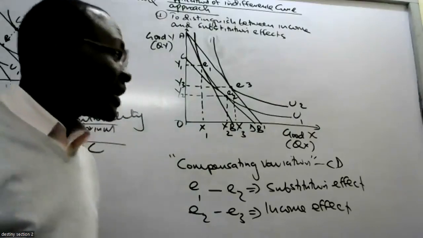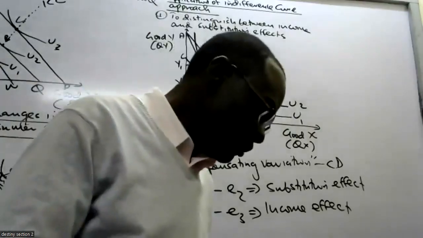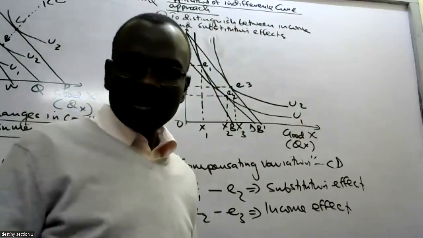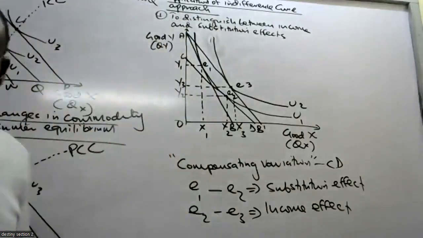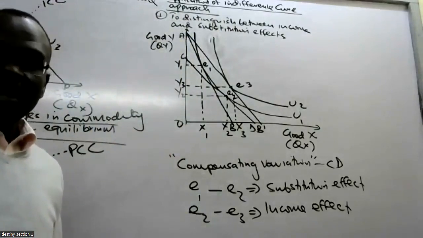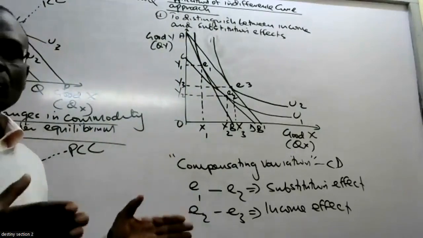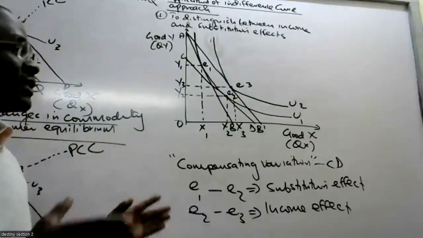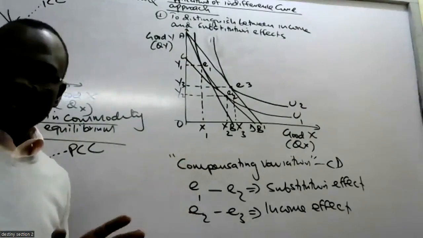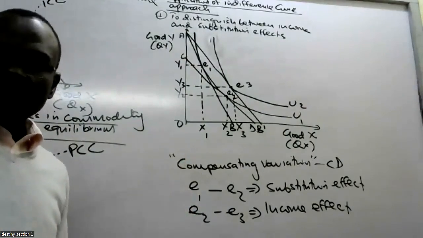Application number 2 says, to distinguish between inferior and Giffen goods. Now, for each of them, we'll have a different indifference curve diagram. For example, if you want to show an inferior good, you have its own illustration. If you want to show a Giffen good, you have its own illustration.